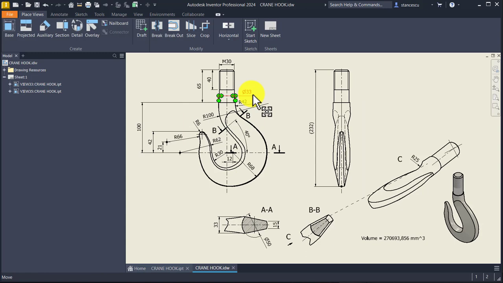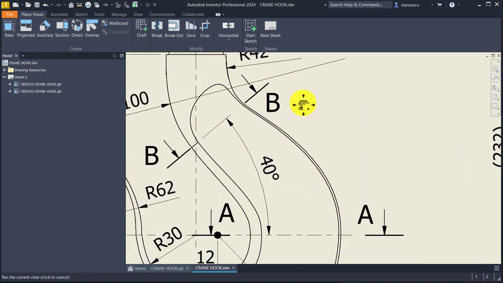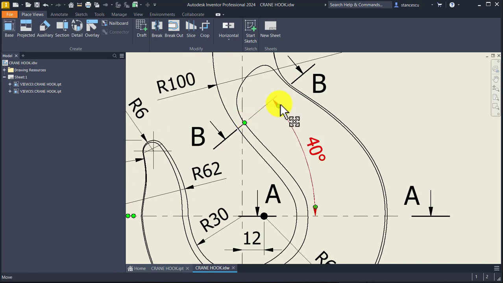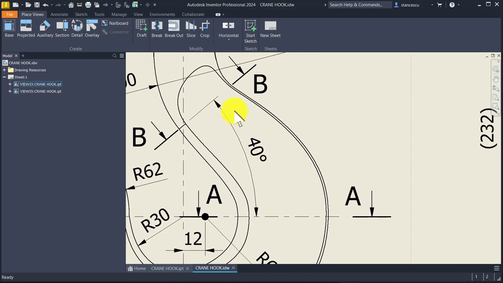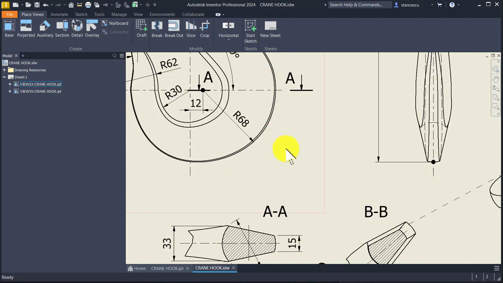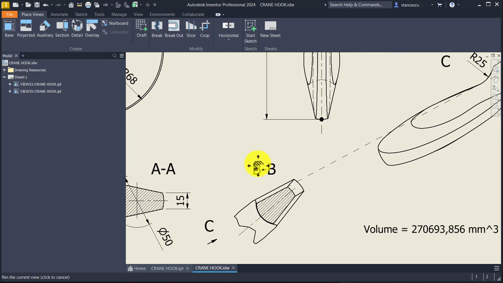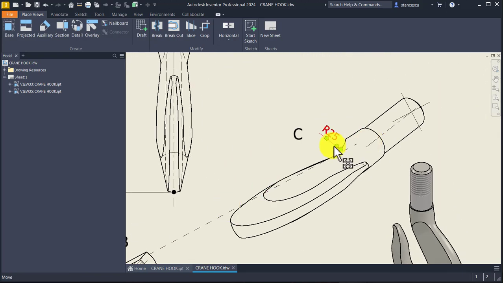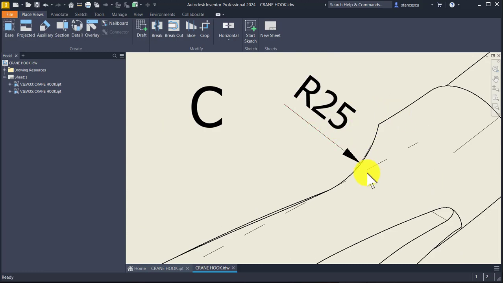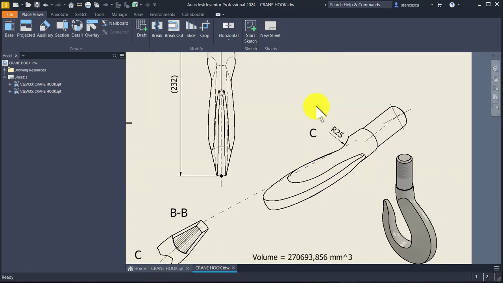You see, there is a section here along this line, but this line is sloped. You see here, so I made a view from C to place this dimension. Yes, radius 25.